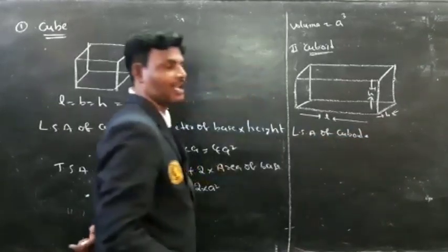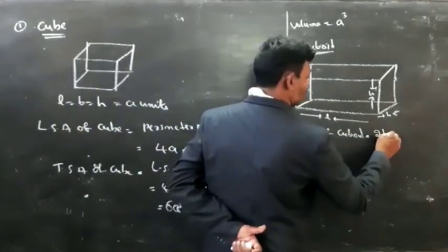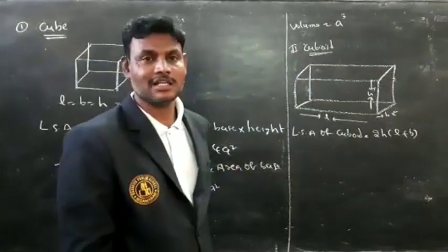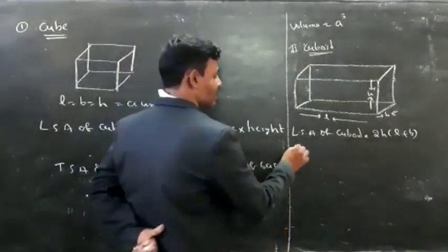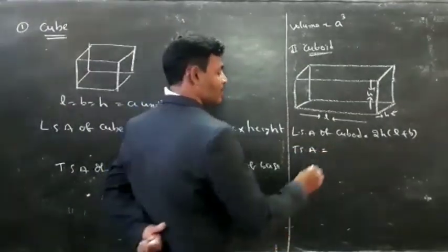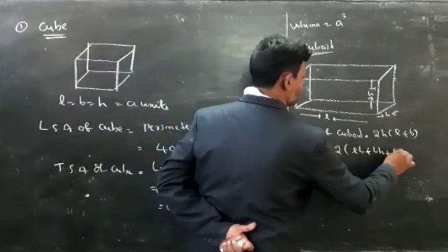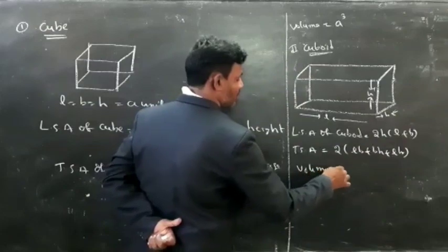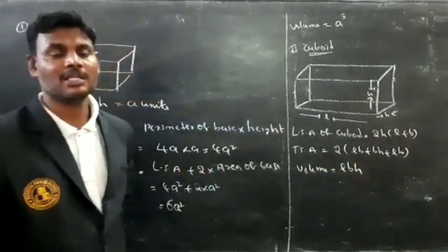The formula is 2h(L plus B). Similarly, total surface area of cuboid is 2(LB plus BH plus LH). Next, volume of cuboid is equal to LBH. So these are the formulas about cuboid.